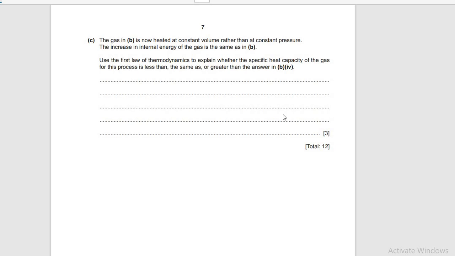Now, constant volume, that process is called isochoric. Constant pressure, the process is called isobaric. Remember, the gas is now heated at constant volume. From that statement, work done is PΔV. If the volume is constant, then there's no work done.